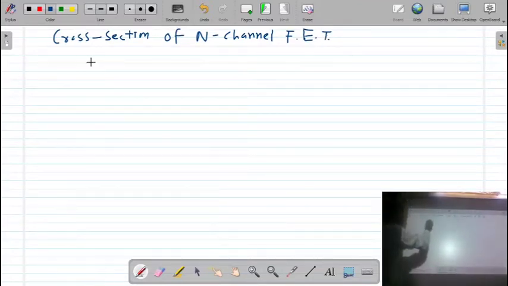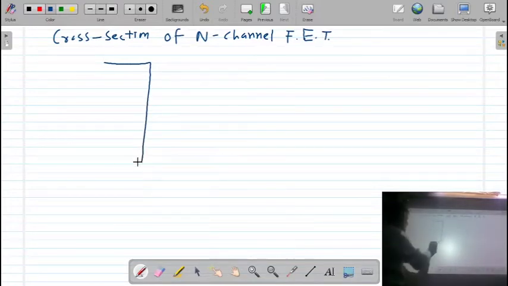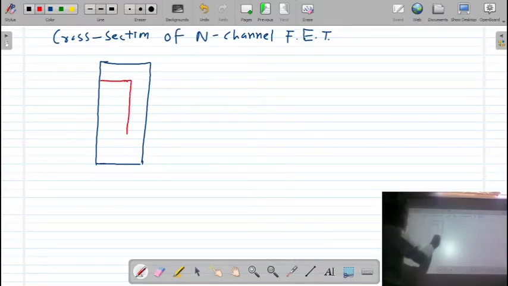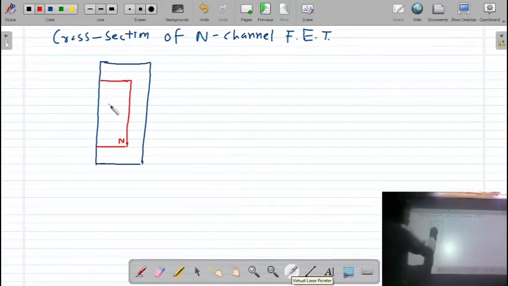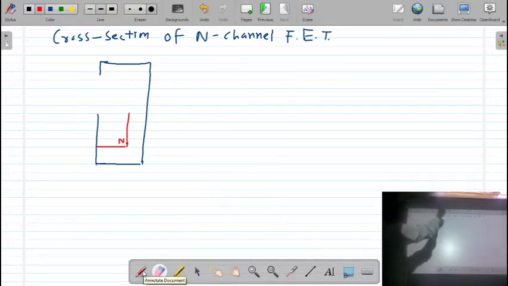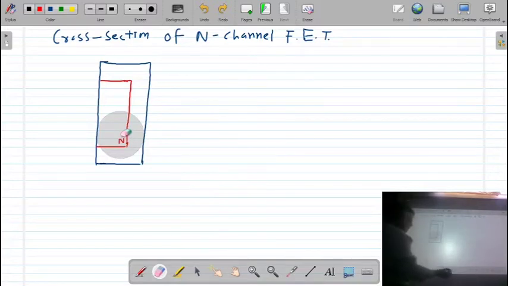So as shown in the figure, this is your N channel semiconductor material, lightly doped N channel semiconductor material.